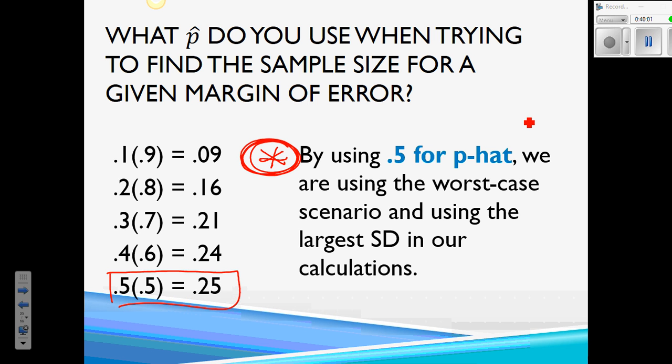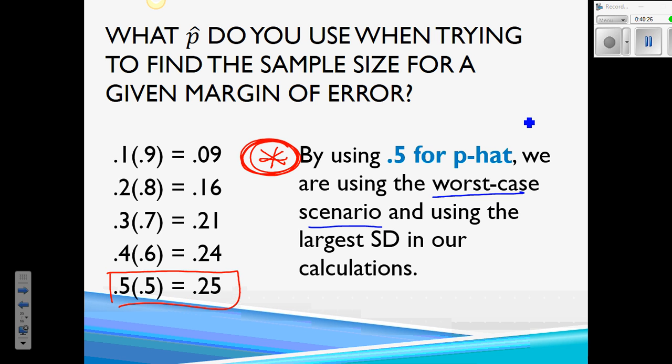When you took the product of p hat q hat, it was smaller for each of those values until you got to 0.5. And this is going to allow for the largest standard deviation. So worst comes to worst, we call using 0.5 the worst case scenario. That is literally the worst case scenario. So if you don't have another p hat, you use 0.5 because it's going to give you the most error.